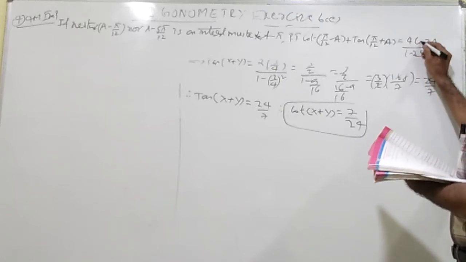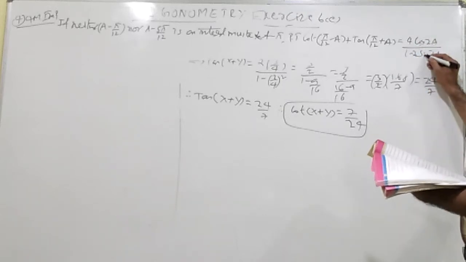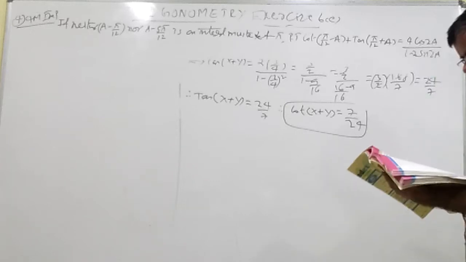This is cos. 4 cos 2a by 1 minus 4 sin 2a.